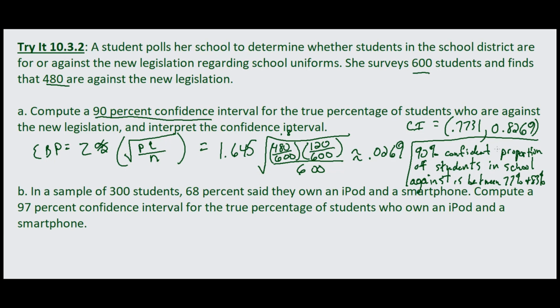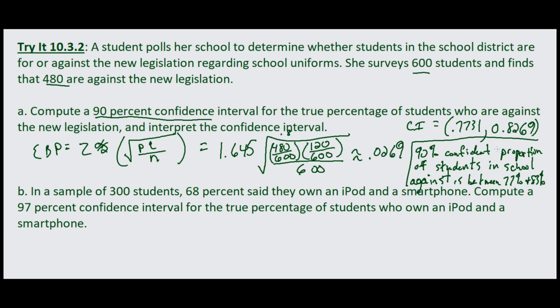That's what that means interpreting the confidence interval. We're 90% confident that the proportion of students in the school that are against the school uniform legislation is between 77% and 83%.